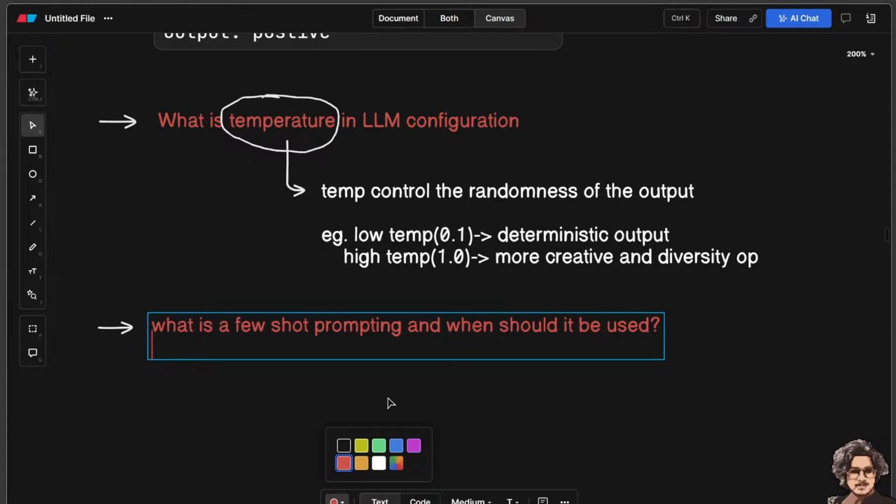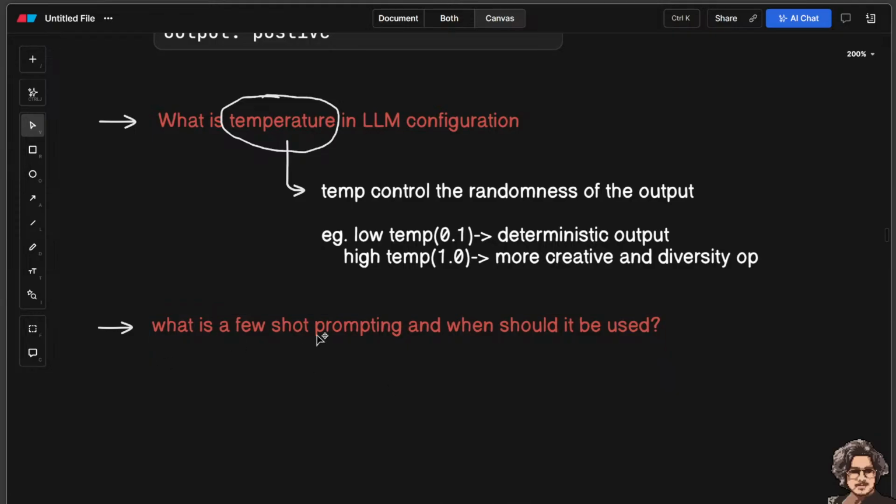So few-shot prompting provides multiple examples to the LLM to help it understand the pattern and structure of the desired output. Few-shot prompting means we are helping the LLM by giving some pattern, to understand it and give the desired output.